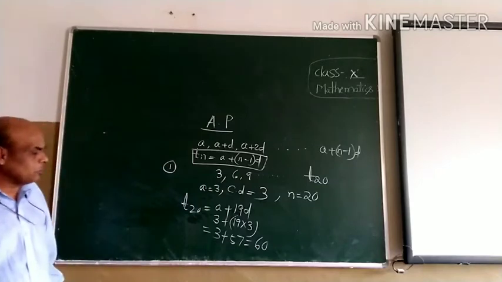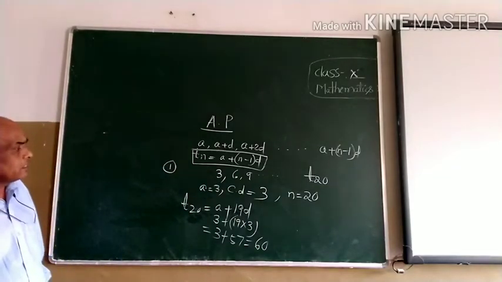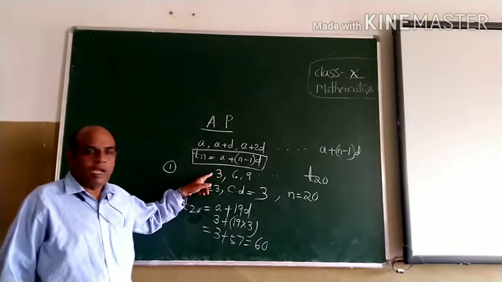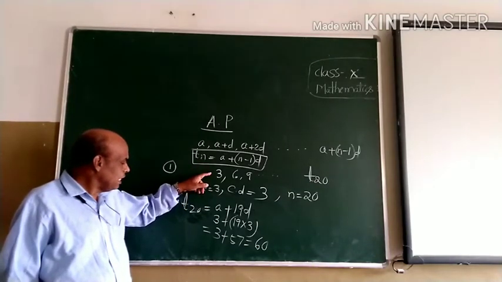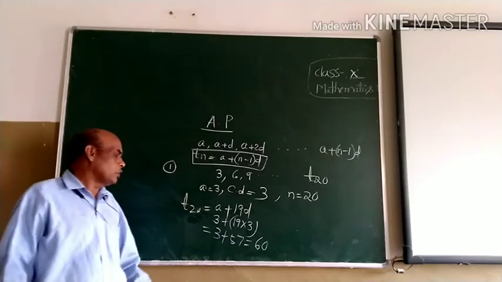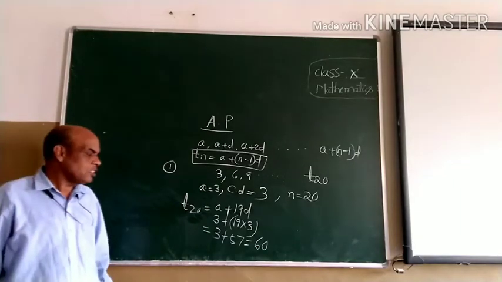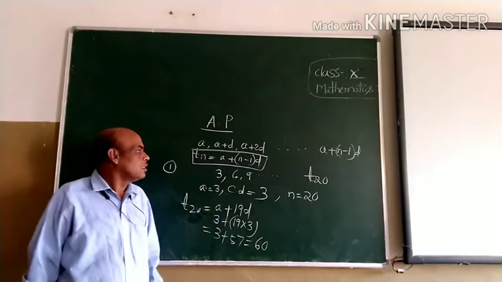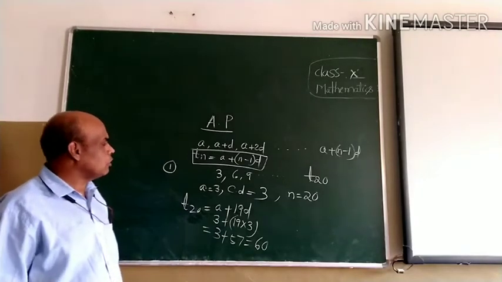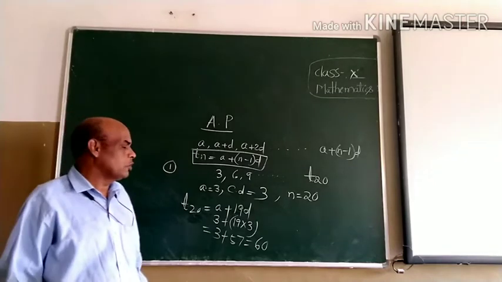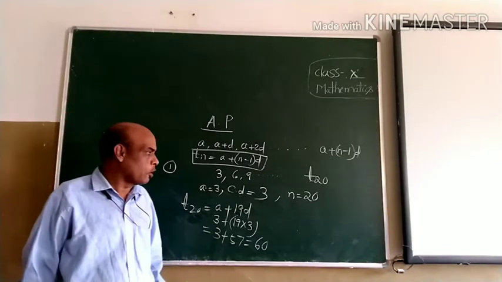Suppose I change the question this way: the first term is given to you, 3, and also the last term is 60, and the common difference is also given to you. So how can you find the number of terms?